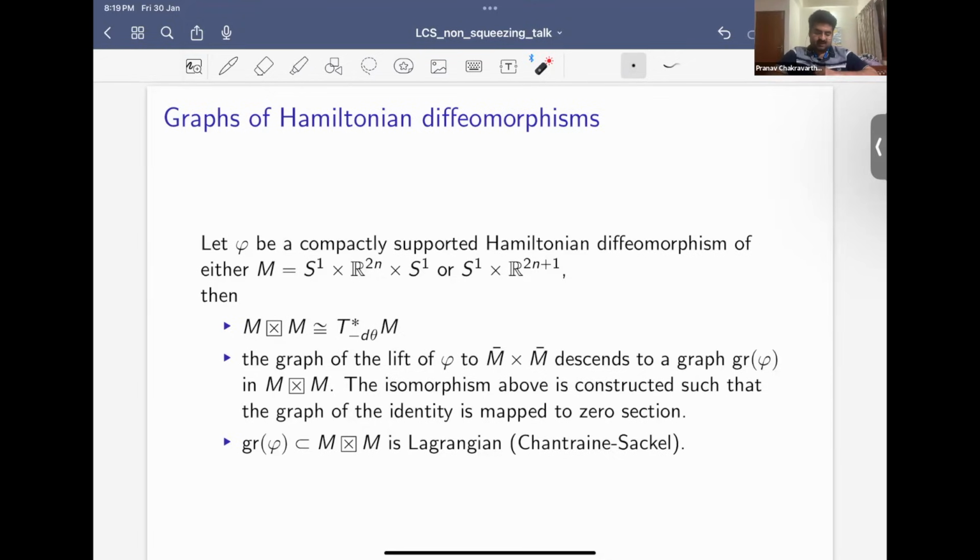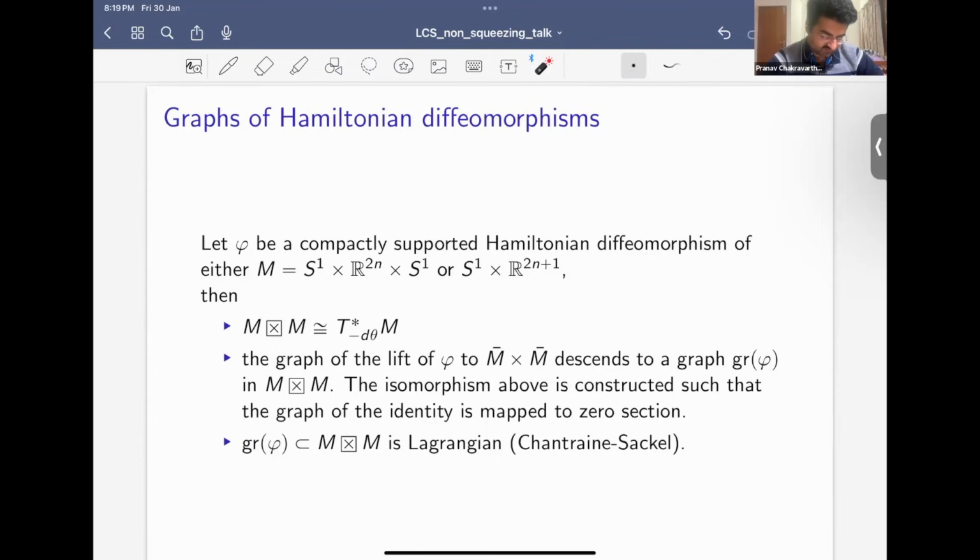But for special manifolds like S1 times R2n times S1, which is basically thought of as the conformal symplectization of S1 times R2n, or the conformal symplectization of R2n plus 1, for either of these two manifolds, one can actually define generating functions for all diffeomorphisms, not just ones that are C0 close to the identity.